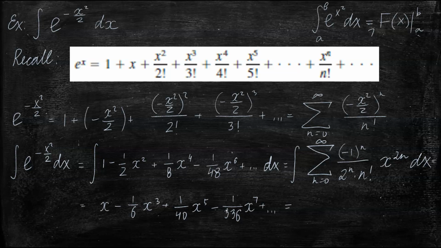And in general, the antiderivative of this is going to be negative 1 to the n over 2 to the n, n factorial times 2n plus 1, x to the power 2n plus 1.